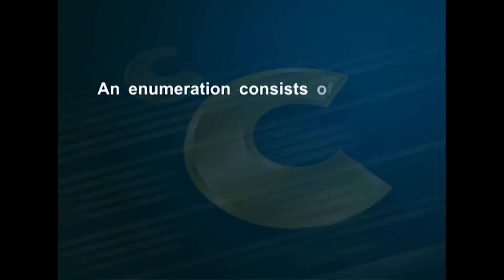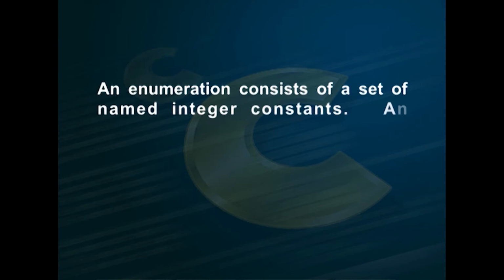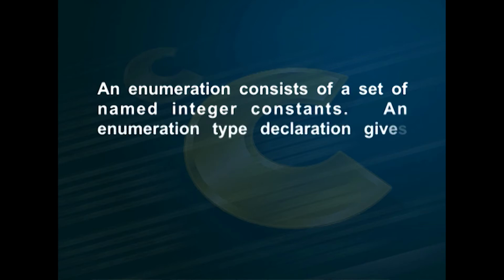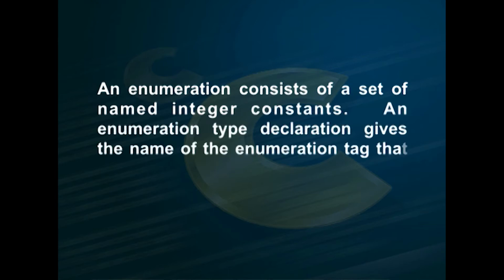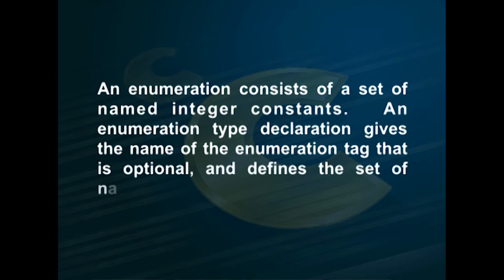Enumerations. Enumerations in C is just an easy way to declare constants. An enumeration consists of a set of named integer constants. An enumeration type declaration gives the name of the enumeration tag, that is optional, and defines the set of named integer identifiers.